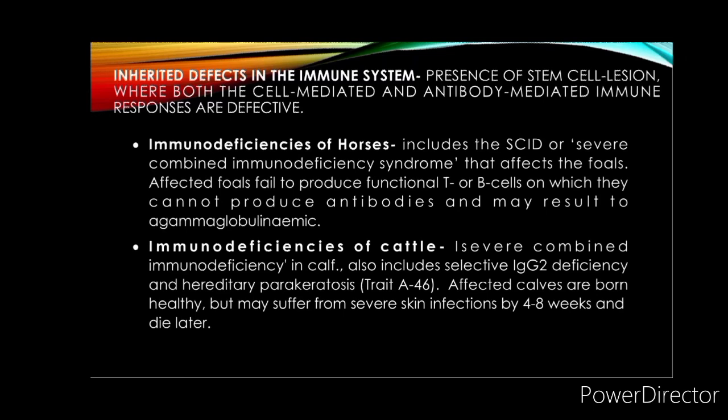It is a condition where the affected animals have no B cells and very low levels of all immunoglobulins. The affected foals are born healthy but fall sick within 2 months. They all die by 4 to 6 months from severe infection by a variety of low-grade pathogens.